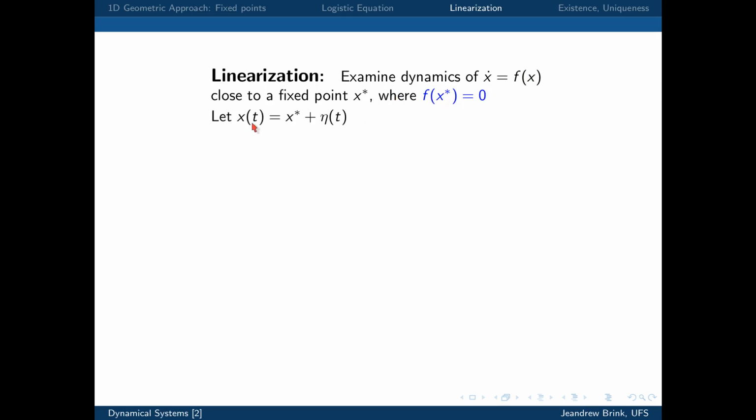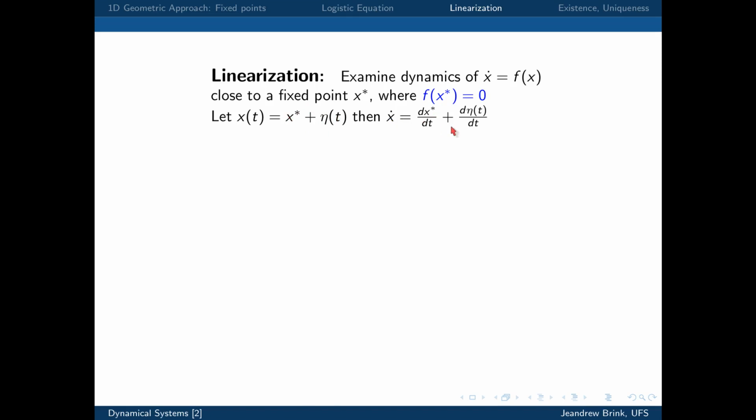The way we go about that is we say let x of t equal x star, our fixed point, plus another function eta of t, which parameterizes its departure from x star. And eta is usually assumed to be small. Then we want to work out the derivative, because that's what enters into this equation. So x dot is just d/dt of x of t, so it's d/dt of this thing.